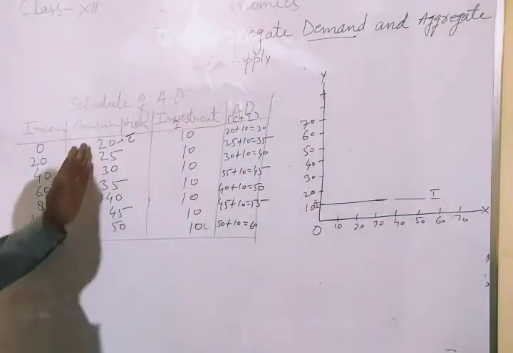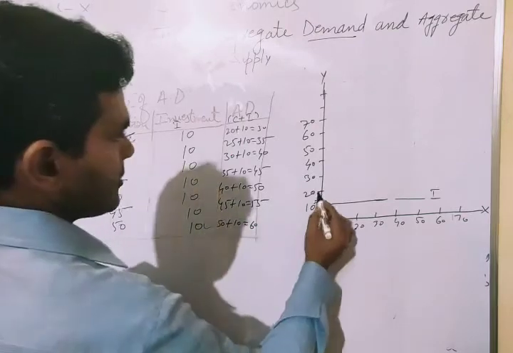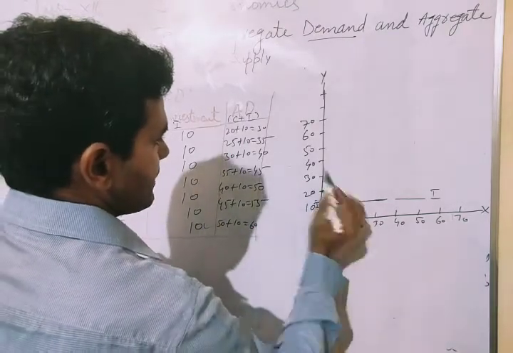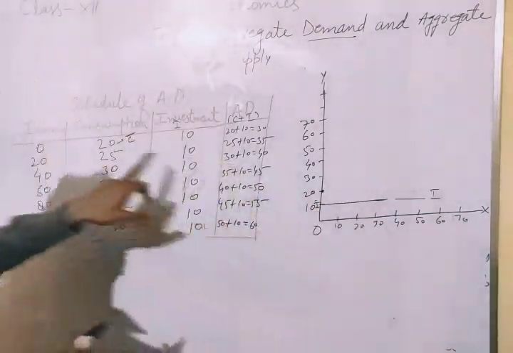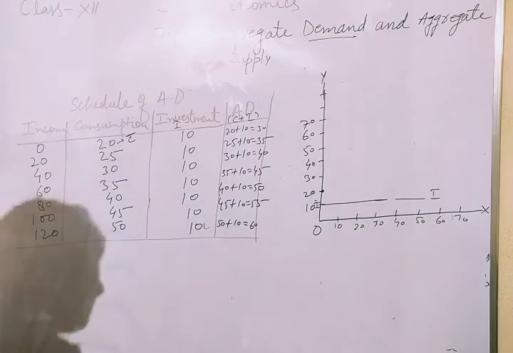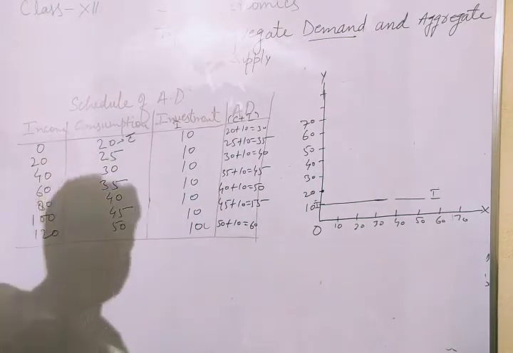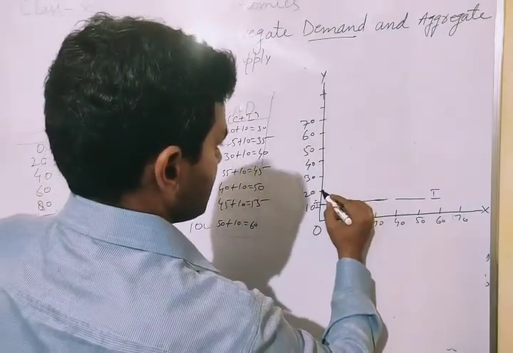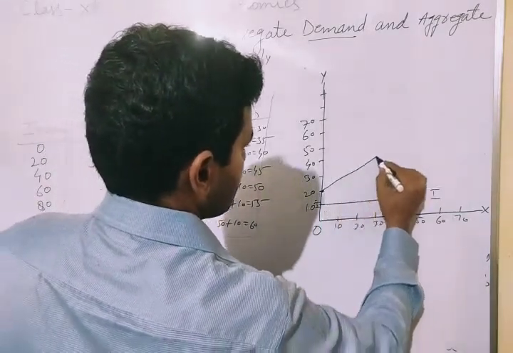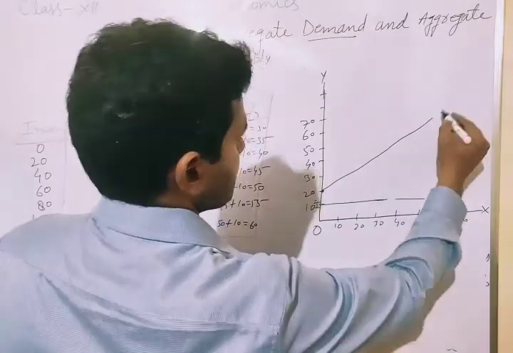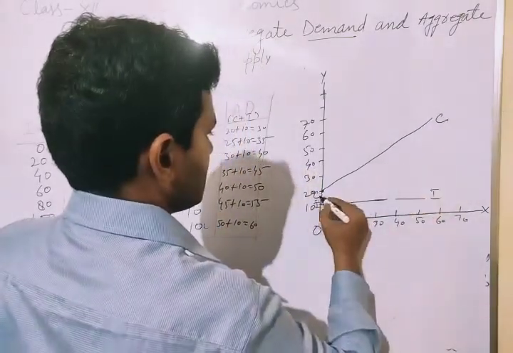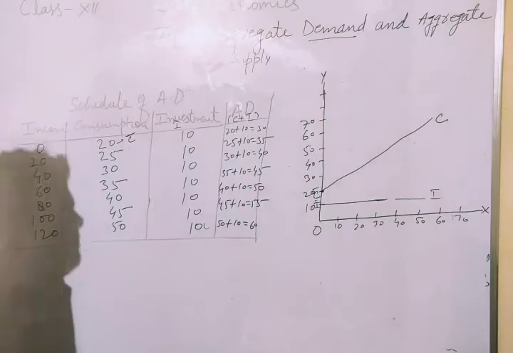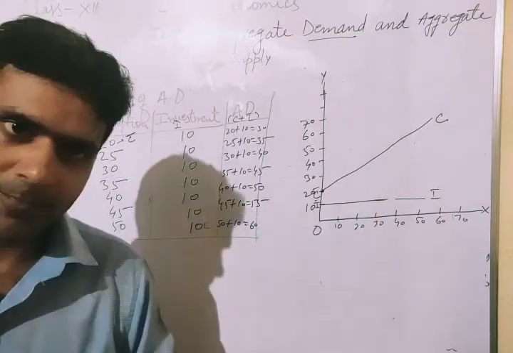If we draw the consumption, it will start from 20 because at the zero level of income there is the subsistence level, some sort of consumption which is 20. So we will start like this: 20, 25, 30, 35 and so on. So this is C bar, the CC curve or consumption curve.